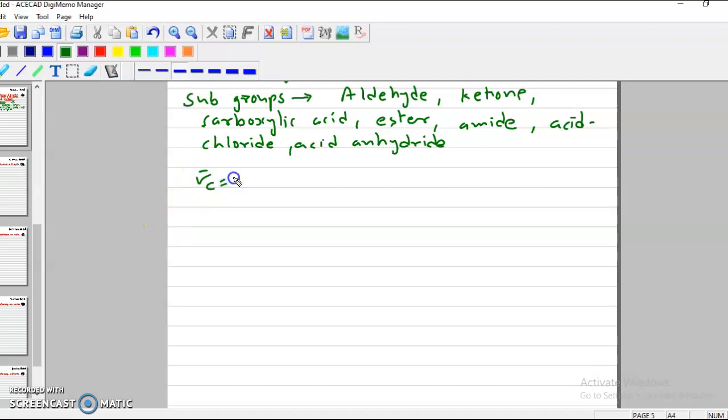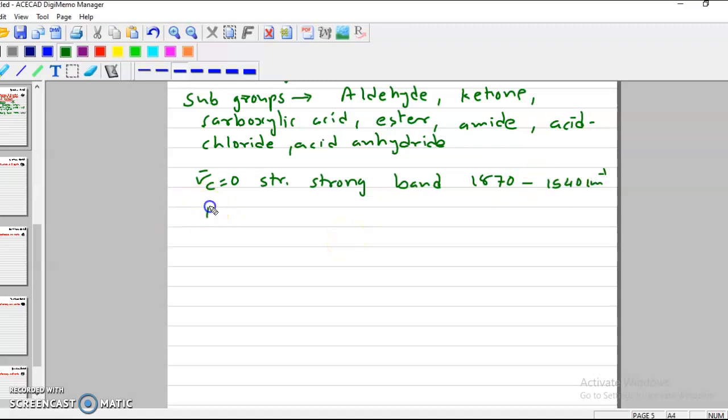Normally C=O stretching gives a strong band in the range 1870 to 1540 cm⁻¹.